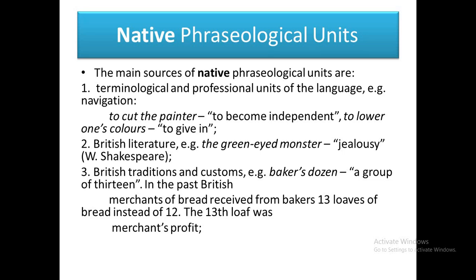The main source of native phraseological units are terminological professional units of the language, navigation, for example, to cut the painter, to become independent. Different domains, different fields contributed their own phraseological units. British literature, traditions and customs as well.